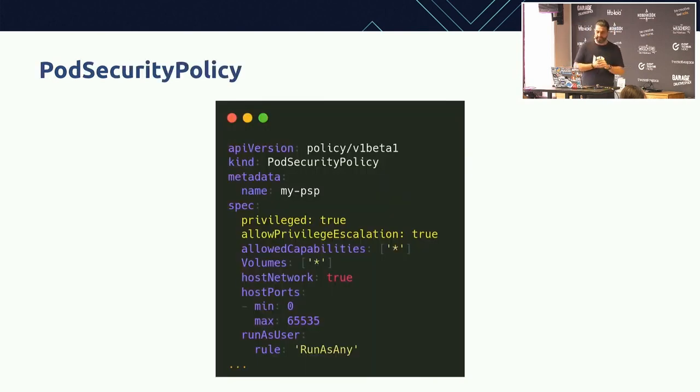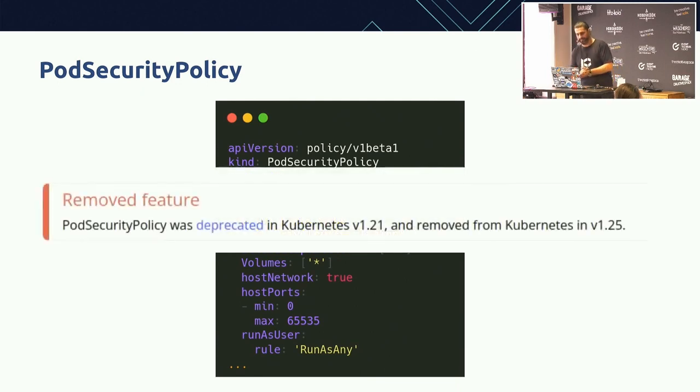We used to have pod security policy, to make sure that privilege or privilege escalation is not allowed or allowed, that sort of stuff. But this was deprecated in 1.21 and removed in 1.25, so you can't use PSP anymore with the latest releases.